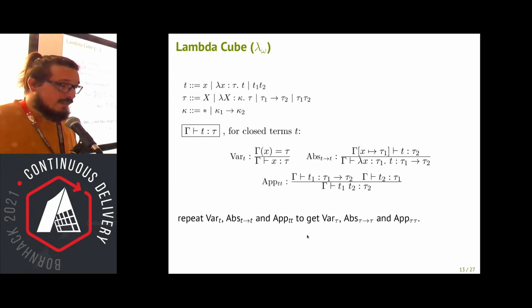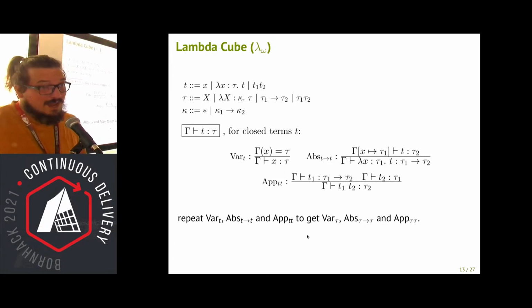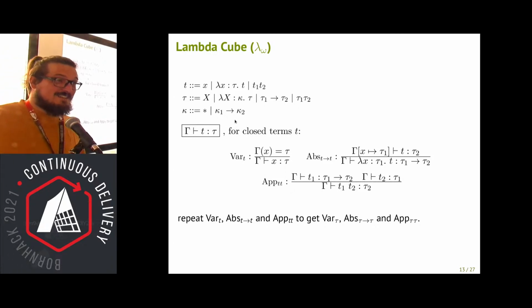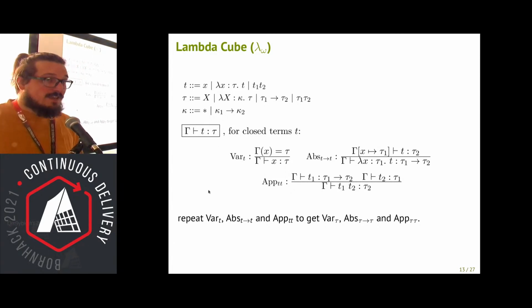Something else we can do is let types abstract over types, and just copy the typing rules for terms over to types and then introduce this simpler thing that types kinds. And so now you have terms of different types and types of different kinds, and they still abstract over each other.